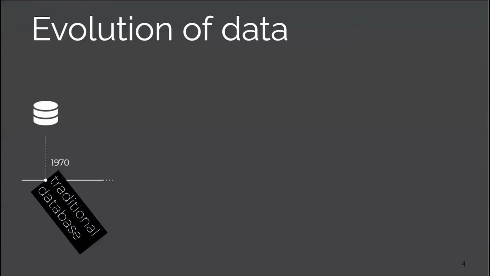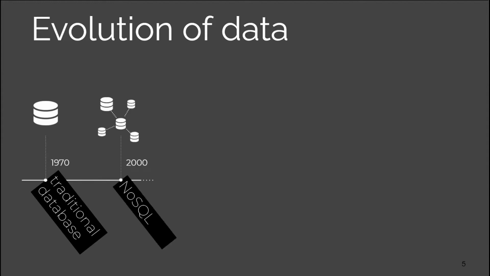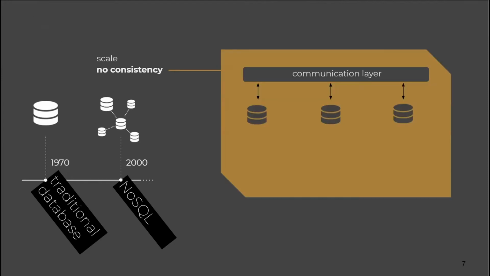Before we dive in, it's always a good idea to frame the discussion in history. And if we look at the evolution of data, in the 70s, we had traditional databases. Right after, not right after, 30 years later, in 2000, we had the NoSQL movement, and they promised scale, but at the price of consistency, which means that if you write data and you read it at multiple locations in the world, for example, or in multiple nodes, then some of these will not get the correct answer directly.